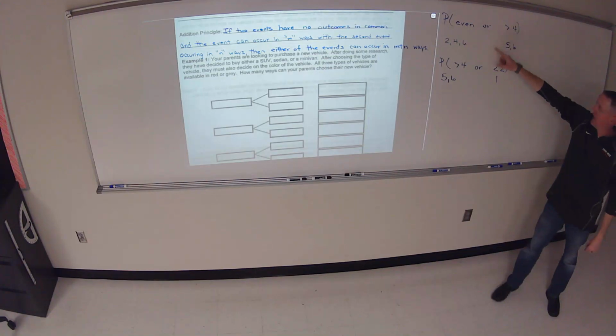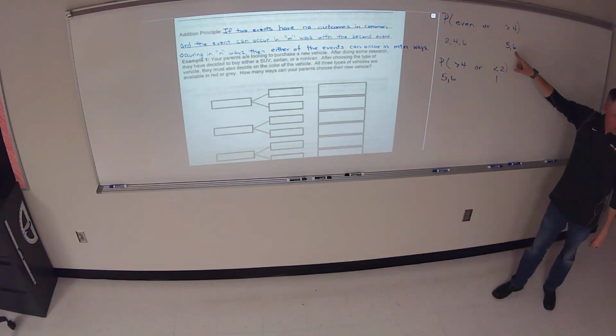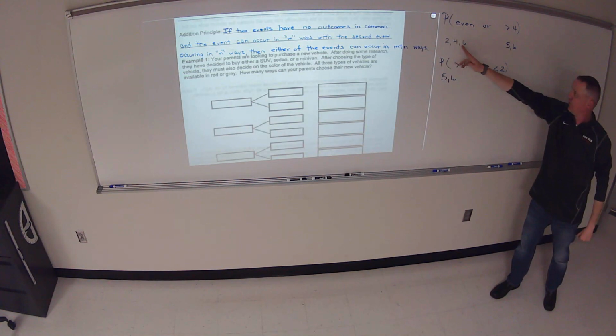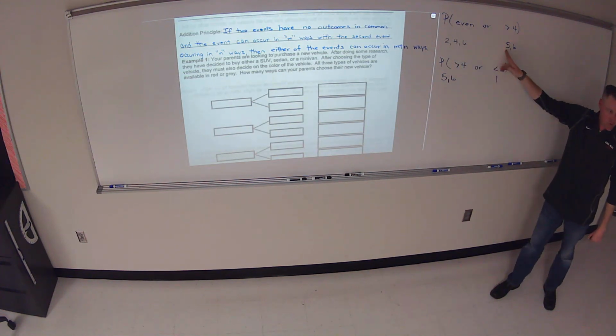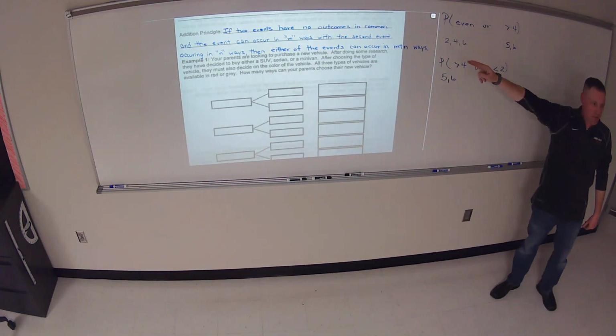Why? Because those have a common outcome, don't they? So how many ways are there for me to roll an even or a number greater than 4? There's actually only 4 ways. I could roll a 2, 4, 6, or a 5. Some people might say, well, why not count 6? You already counted the 6, didn't you? So the addition principle doesn't work there.